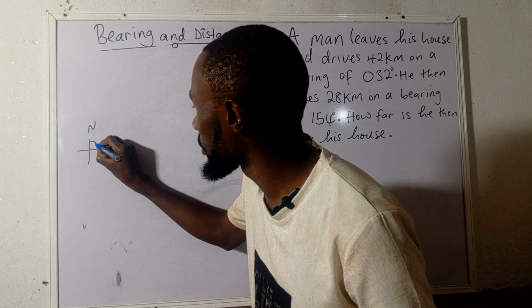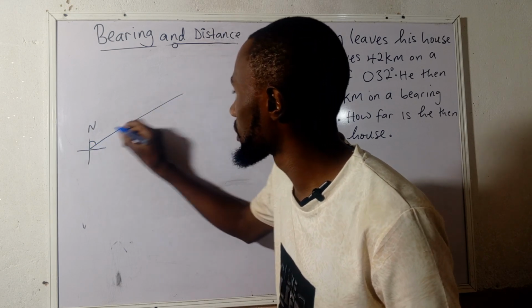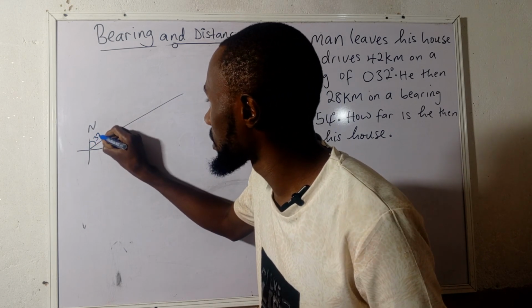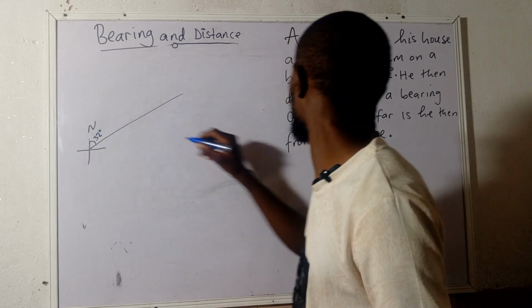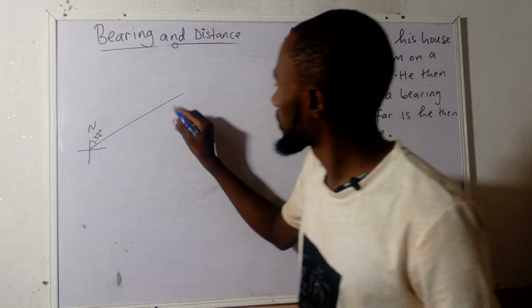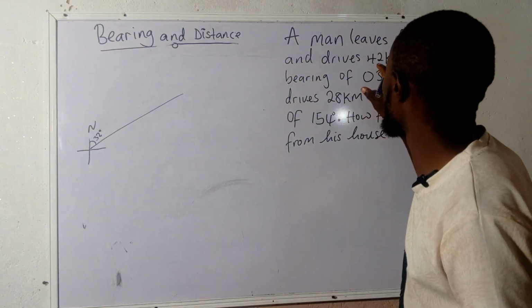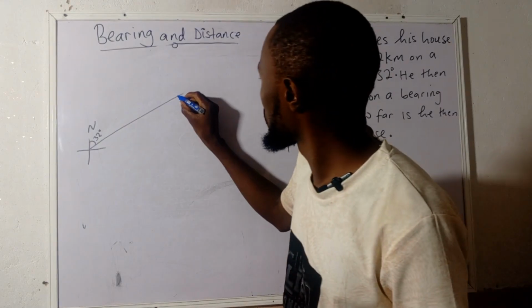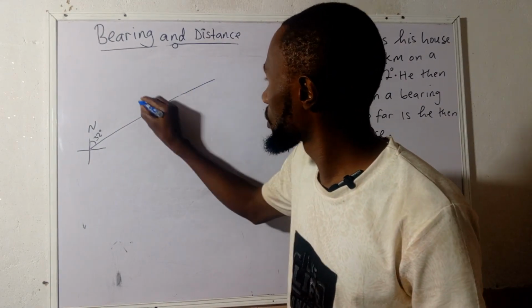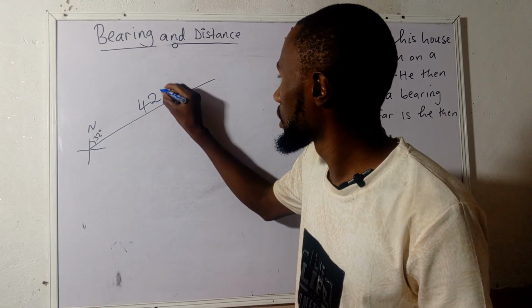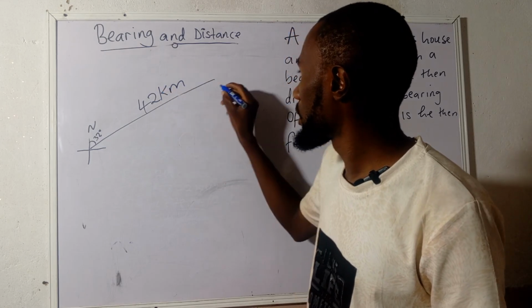We assume he forms an angle of 32 degrees here. This is 32 degrees, then a distance of 42 kilometers. That is 42 kilometers.